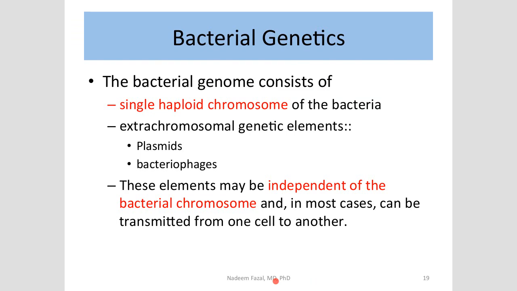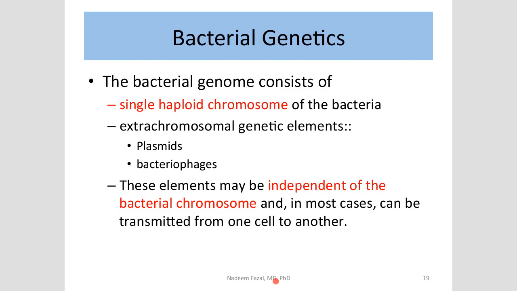But keep in mind that most of the bacterial genome is a single haploid chromosome. That's very important for you to know. Then we talked the other day about how they may have extra chromosomal genetic elements like plasmids. But today I'm going to tell you about bacteriophages as well, and I'm going to explain that to you today.